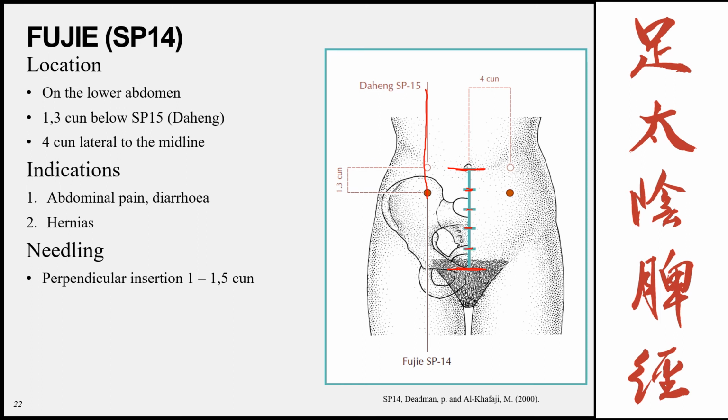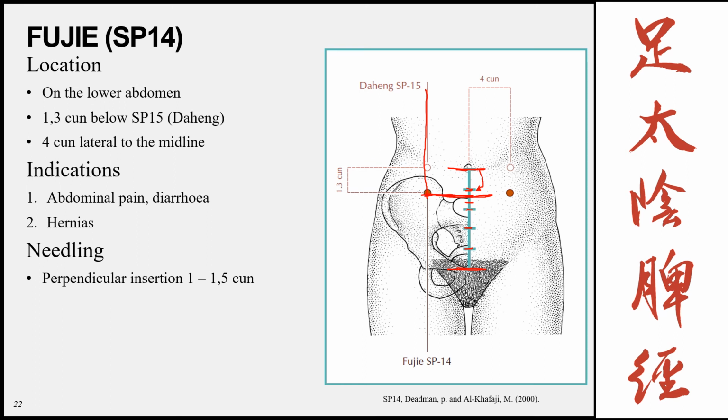And then we're going to go 1 cun down, and then we can eyeball the distance from here and here and divide it again into 3 equal parts. So we're going to go to the first third, and then we can take this line and connect it to that 4 cun line. Where these two connect, that's Fuji.